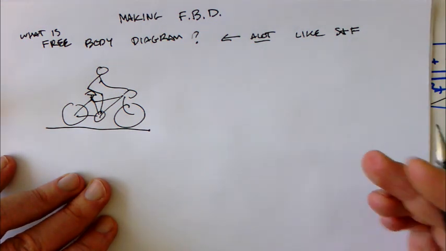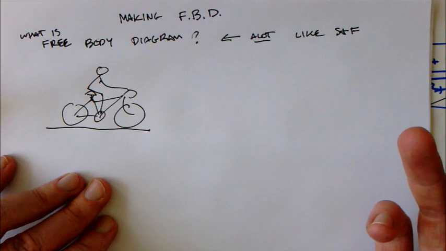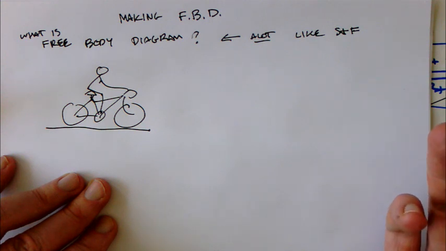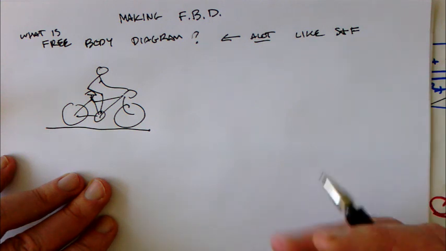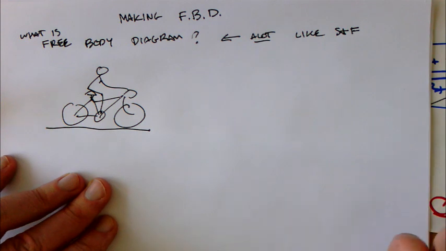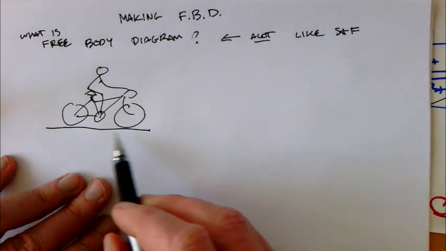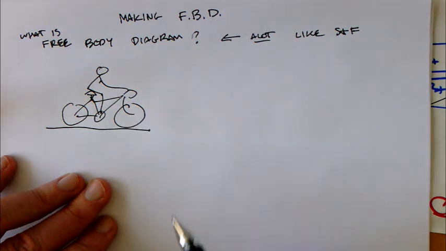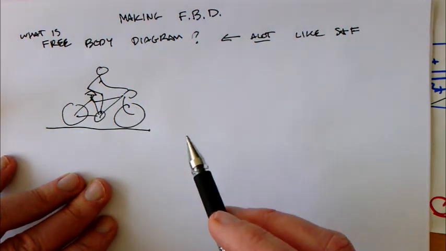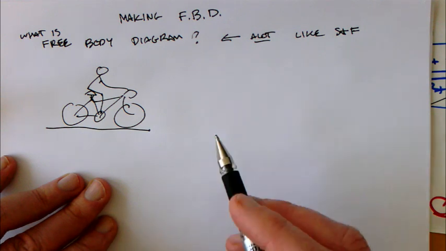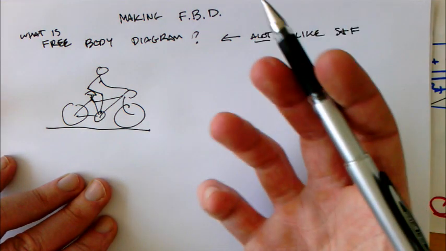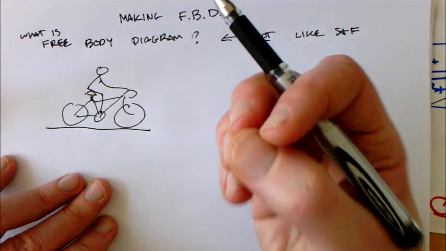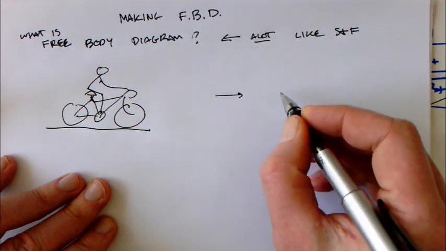Well, the first thing we have to do, if we're going to model the motion, is try to decide what level we're going to abstract at. And I would be inclined to start as simple as possible. So I'm going to abstract by thinking about this whole thing, the bicycle and rider, as being one system. And also I'm going to think about that system as being a single point mass. So I'm going to compress the bicycle and the rider down to a single point mass.